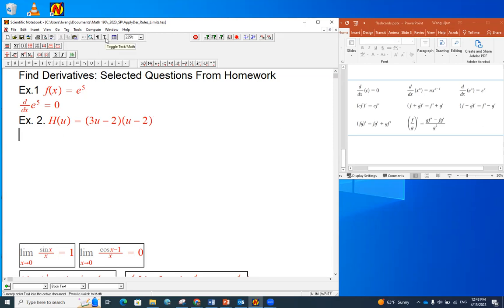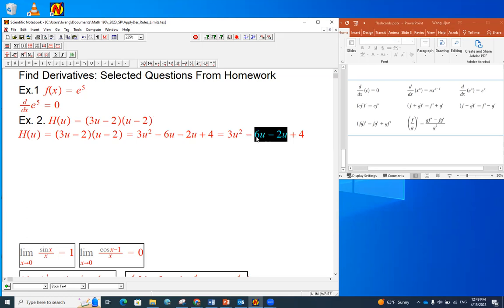So if we rewrite h of u, if we FOIL, we shall get 3 times u squared minus 6u minus 2u plus 4. Combine like terms, the negative 6u and minus 2u make minus 8u. So we got this polynomial.